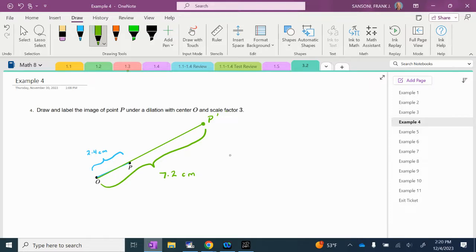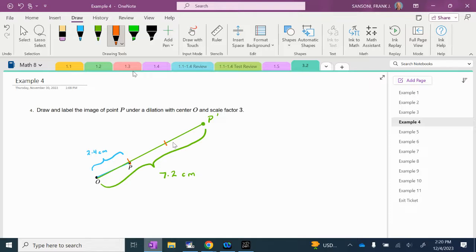See if this makes sense. Basically, I cut my line into how many sections? Look at my orange, not 4. 3 sections, right? So every section is 2.4. So there's 2.4, there's another 2.4, there's another 2.4. 3 2.4s gives me 7.2.